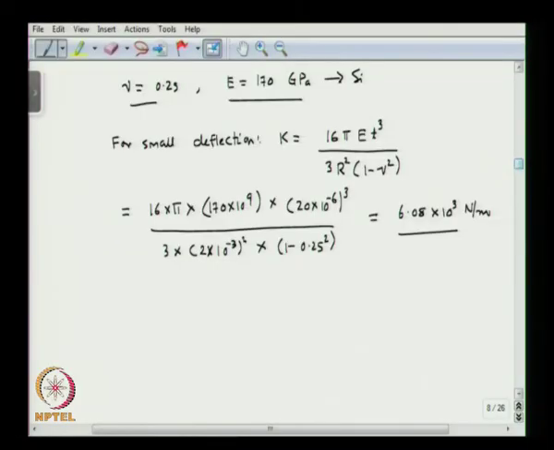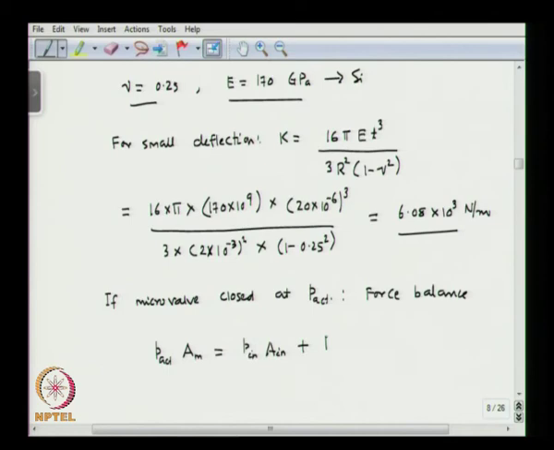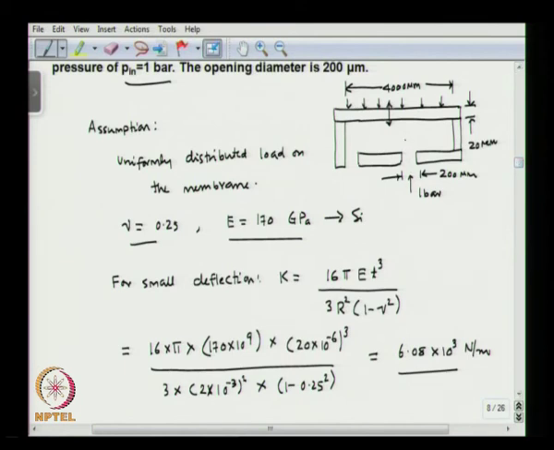So, if the microvalve is closed at the actuation pressure, then we can write down the force balance: the actuation pressure into the area of the membrane is equal to P in into A in plus the spring force. The inlet pressure is here, so the force it will try to exert will be on this area, that is A in, and the area of the membrane is the entire top area here.